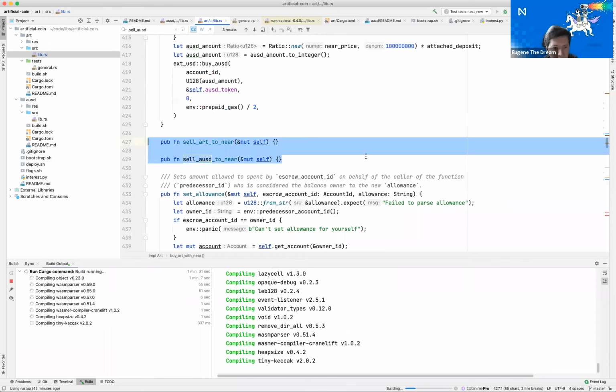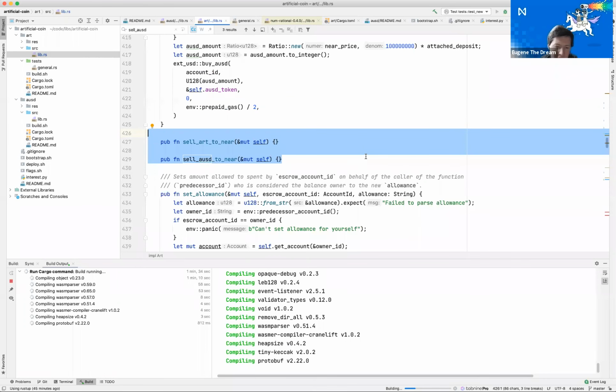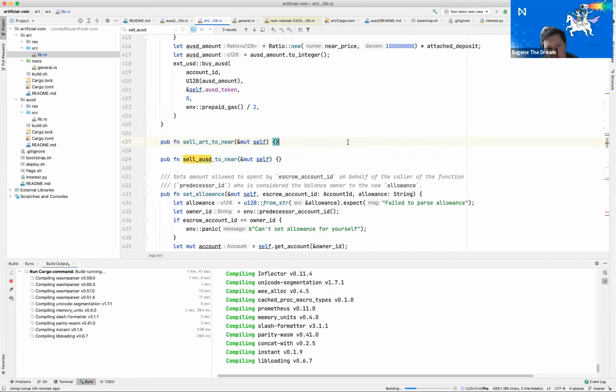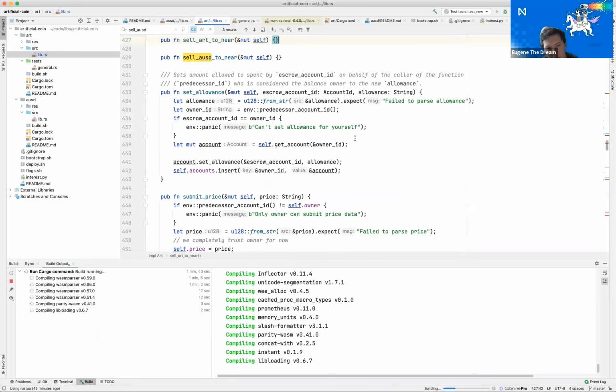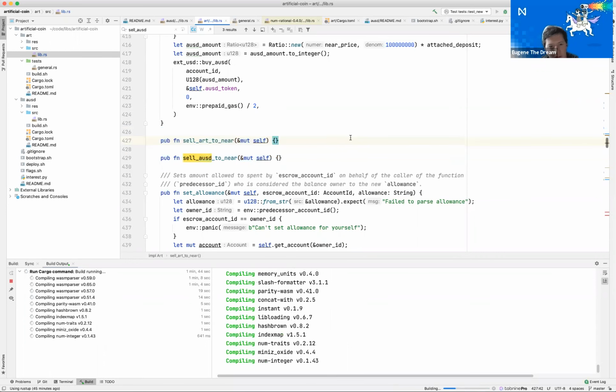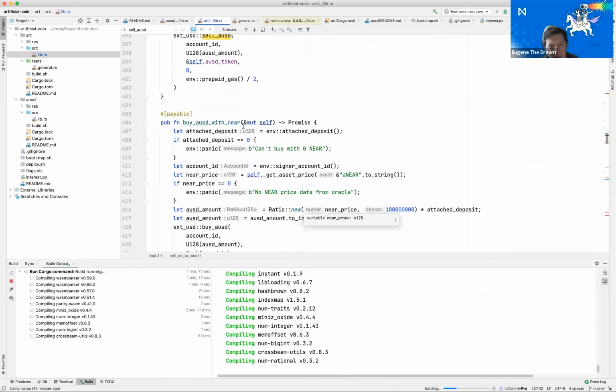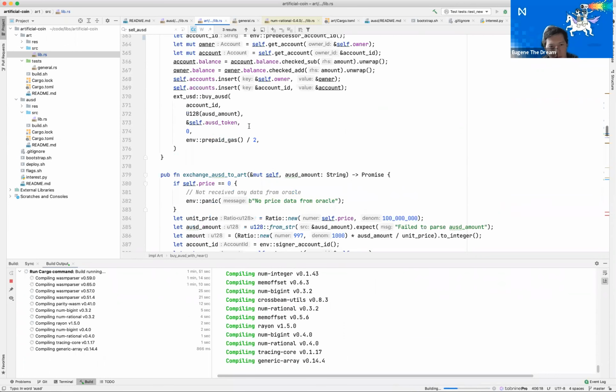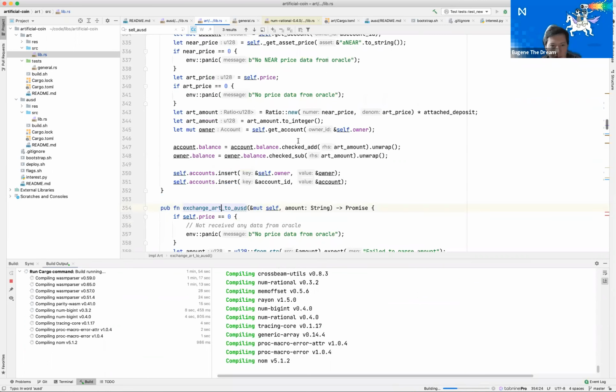If you have AUSD, you cannot claim near, so near is like one way. Basically, yeah.